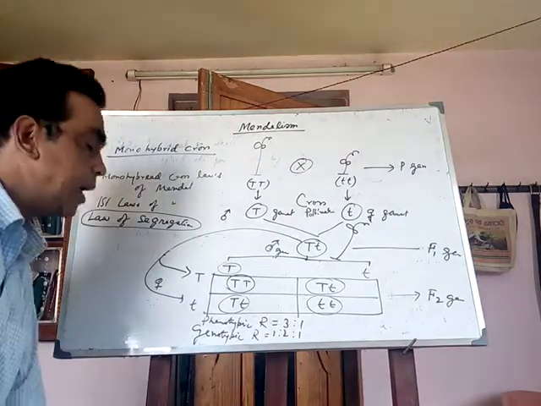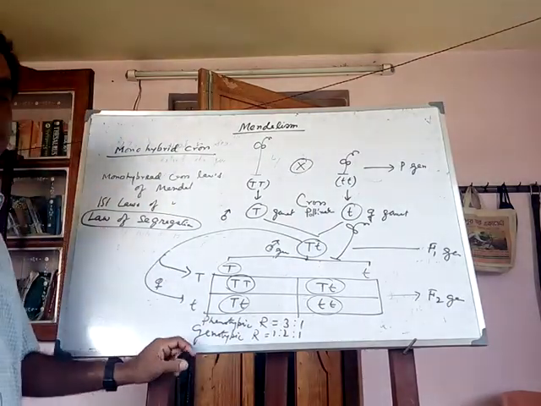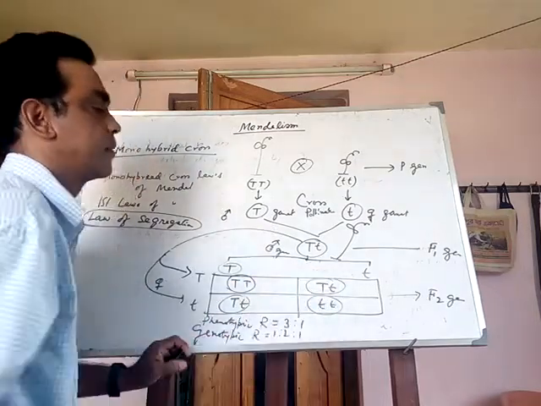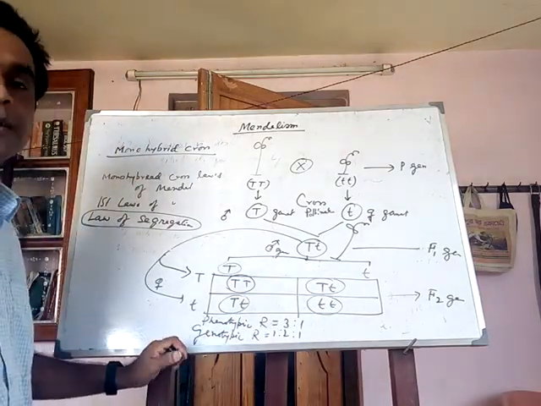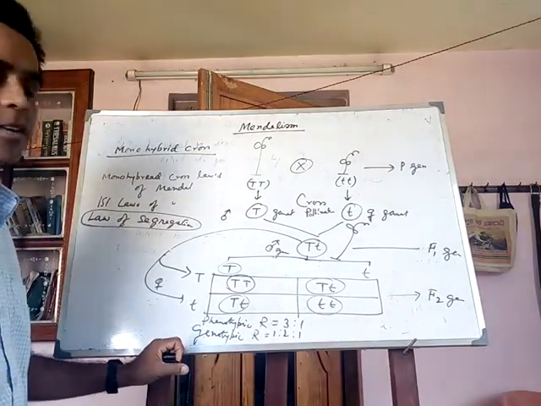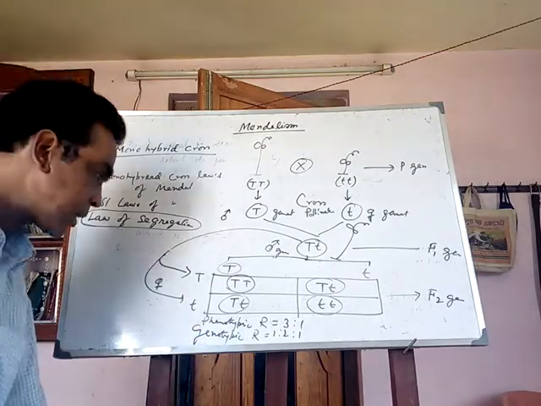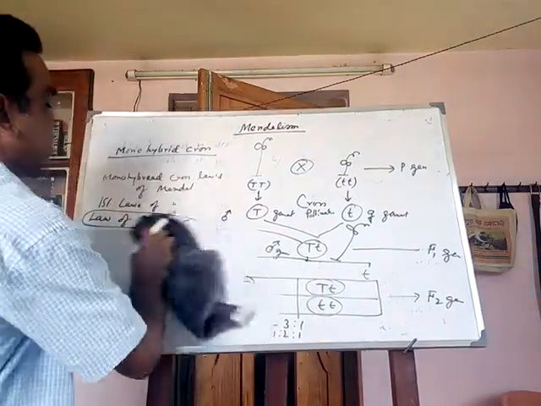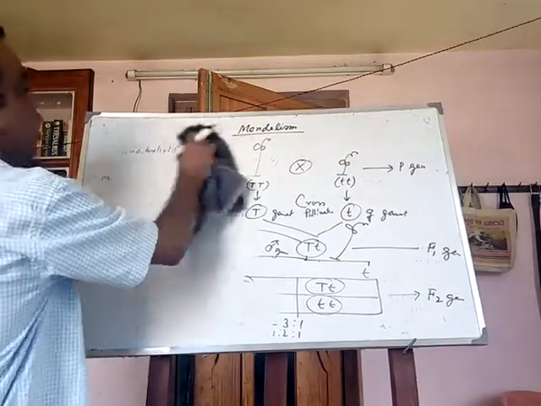Now, after a long period of Mendel's work, this square was invented by the scientist Punnett, so it is called the Punnett square. Now, I explain here the dihybrid cross of Mendel.